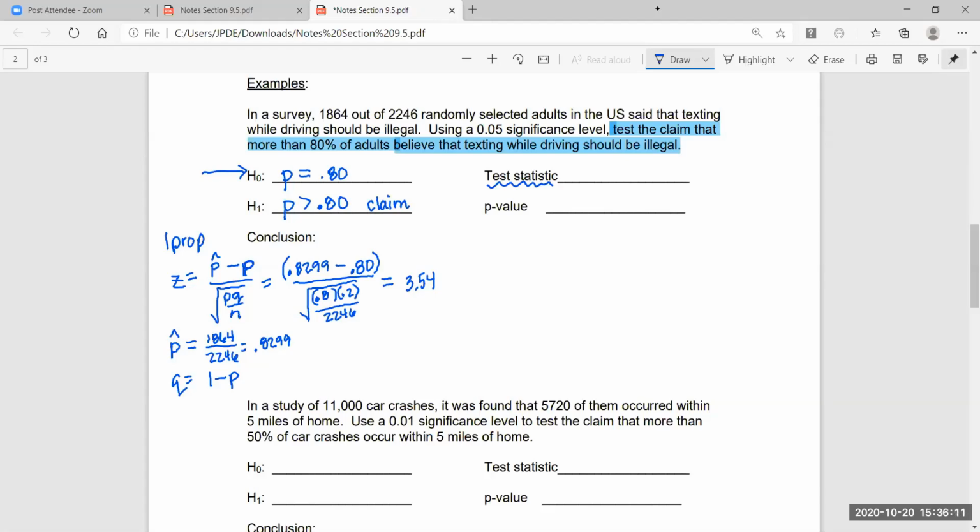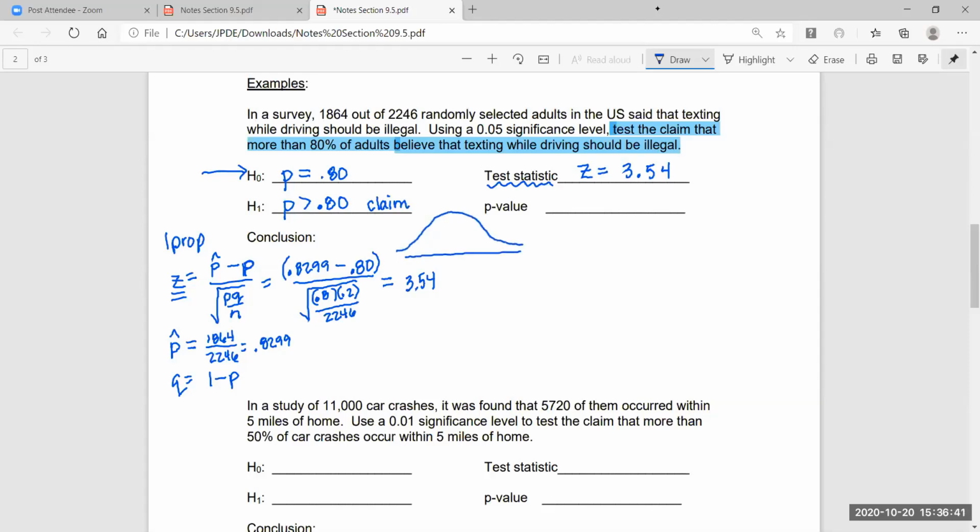Okay, so our test statistic, which you'll see over here, is a Z scale, 3.54. Okay, so let's picture what we have going on here. We're looking at a proportion greater than 0.8, significantly greater.